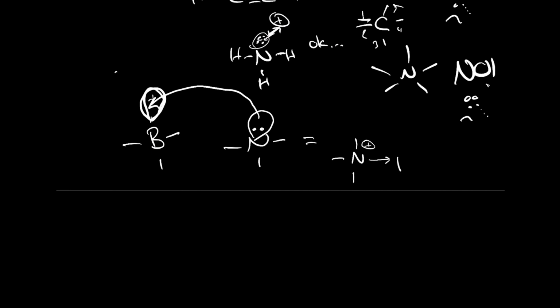It's gone to boron, all right? And boron now is like, I'm pretty happy being neutral, but now I've got a bunch of negative charge associated with me. Now I'm negatively charged. And what you end up with is this charged species, okay? And you can actually do this a lot with all kinds of stuff, right?